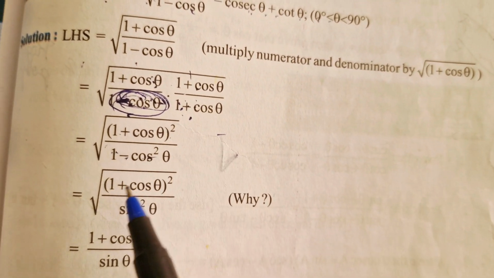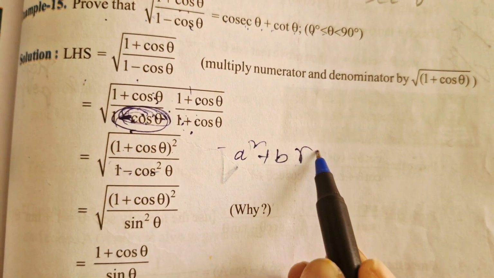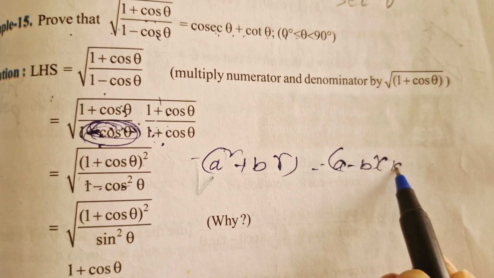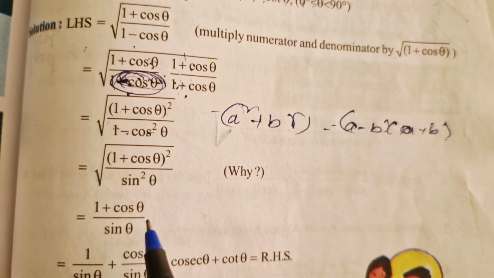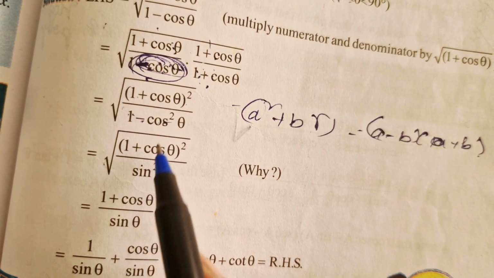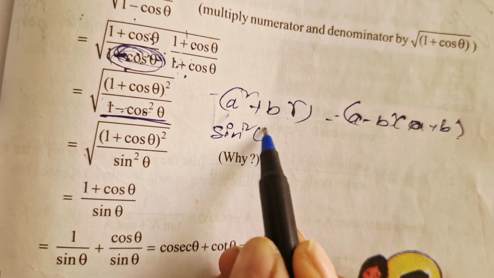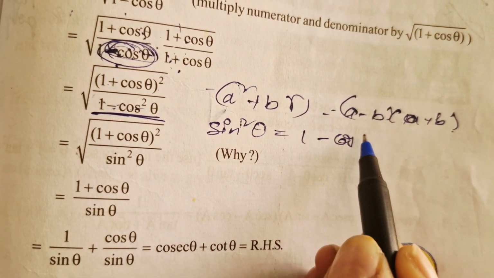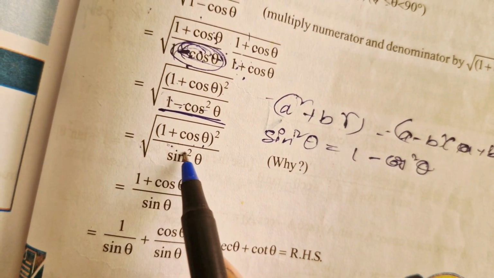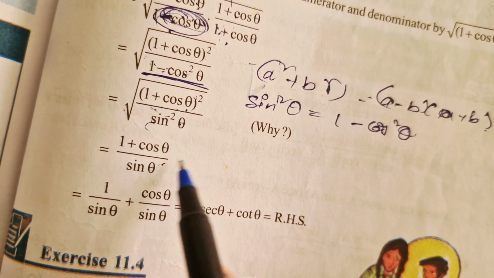We know those identities, a square minus b square is equal to a minus b into a plus b, this formula over here. So root over 1 plus cos theta whole square by, we can write this 1 minus cos square theta as sine square theta, since sine square theta is equal to 1 minus cos square theta. So 1 plus cos theta whole square by sine square theta. So the square root gets cancelled, so here also the square root gets cancelled.